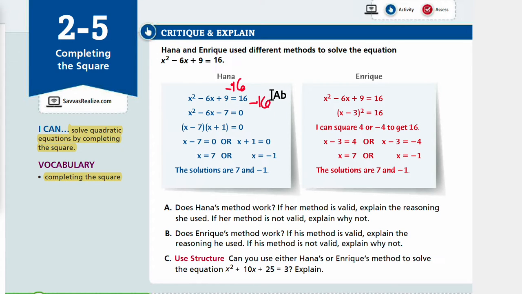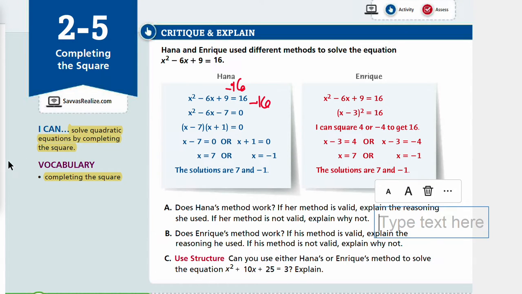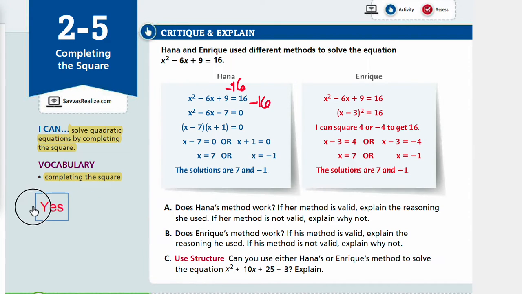She used the properties of equalities. She rearranged the equation and then factored the resulting quadratic equation to determine the solutions. So it's fine. So yes, her method works. And then we need to explain.